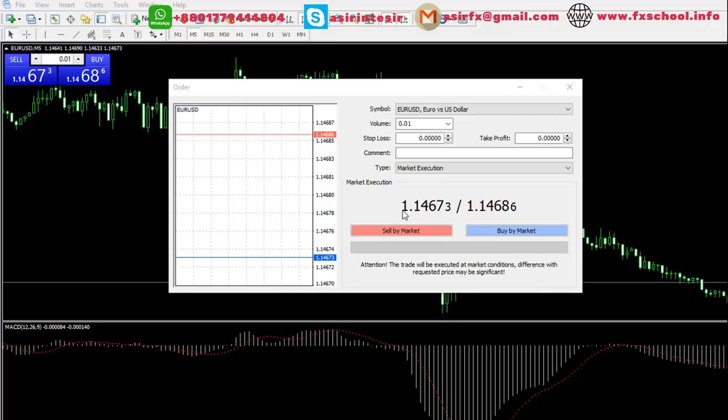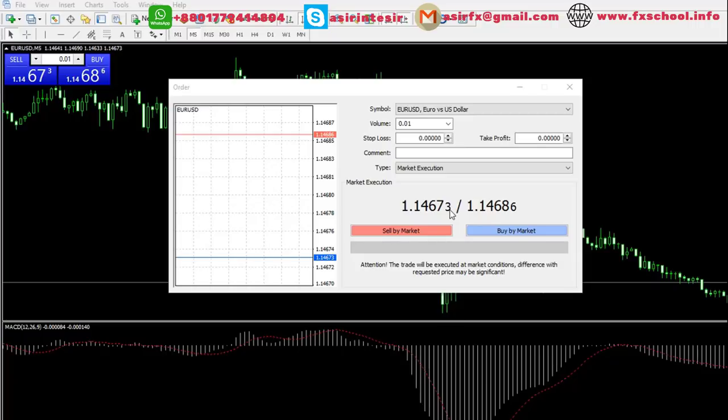You can see the price 1.14673, so we forget about the 3. And if you see that the market goes from 67 to 68, it means the market goes 1 pip up. And if the market goes to 66, it means the market goes 1 pip down. But this 3 is not important in this market, so you have to forget about the last digit.